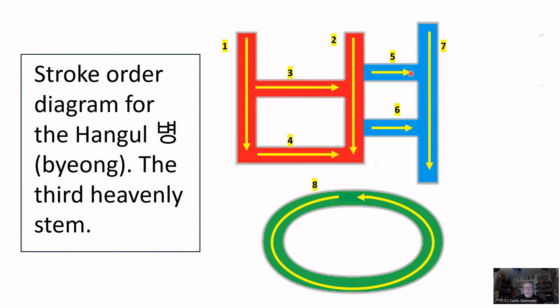Now this is the y part of byeong, and so it's made with two horizontal strokes and then the vertical stroke that the horizontal strokes end up being attached to. And then at the bottom, the mium, so this is the vowel ya.